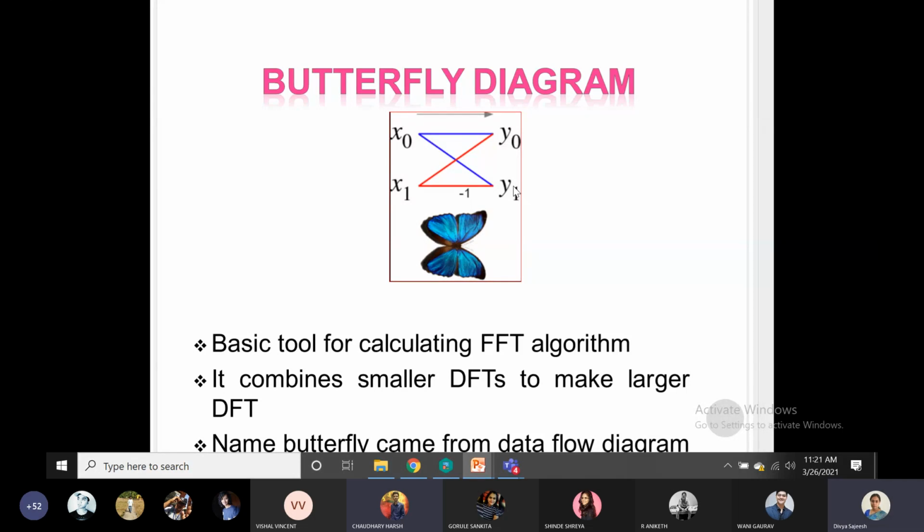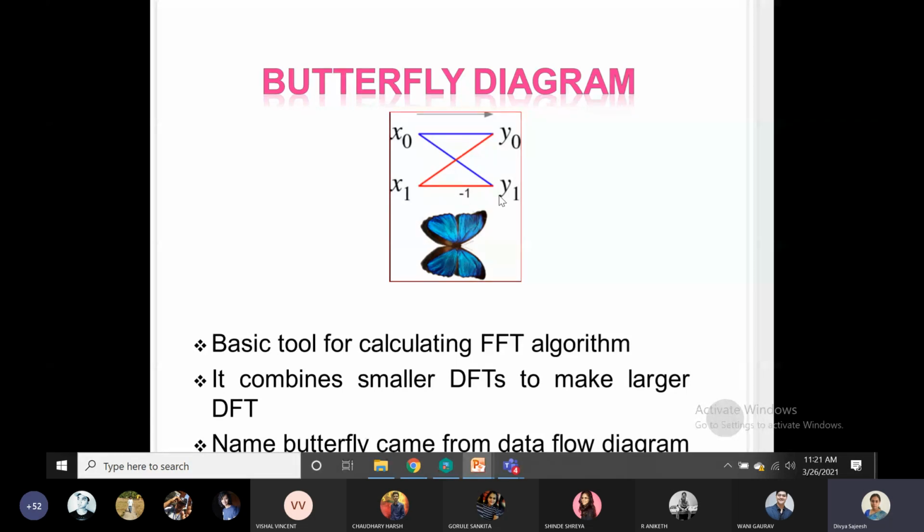Yes, x0 minus x1, because this blue line comes from x0 to x1, but since nothing is mentioned about the value of that branch, you have to assume it as 1. So x0 into 1, that means x0 comes here, plus x1 into minus 1. So x0 minus x1 will be your y1.